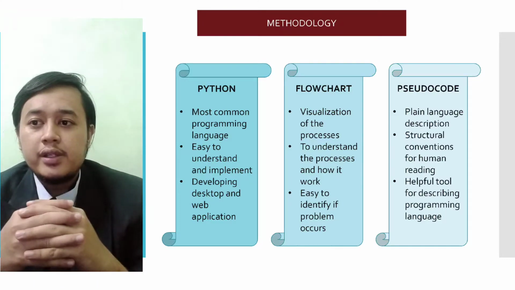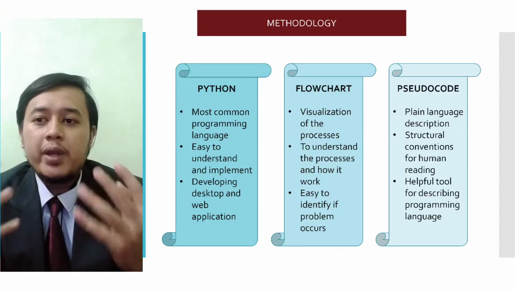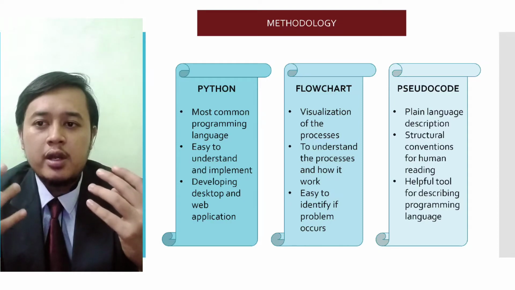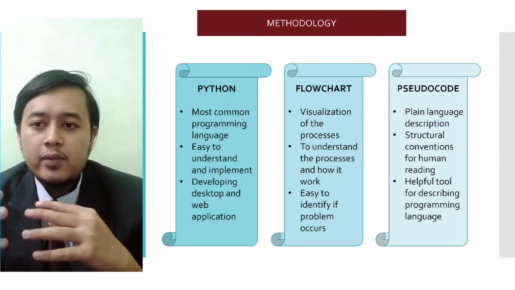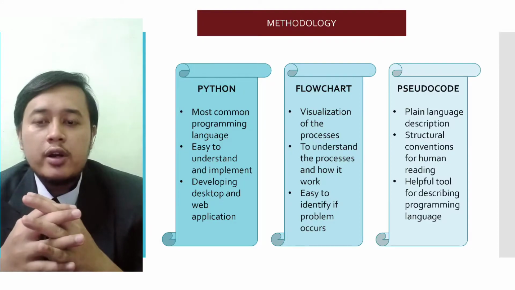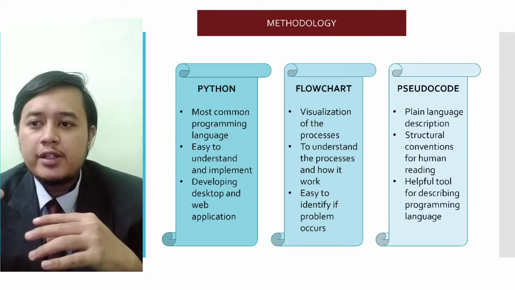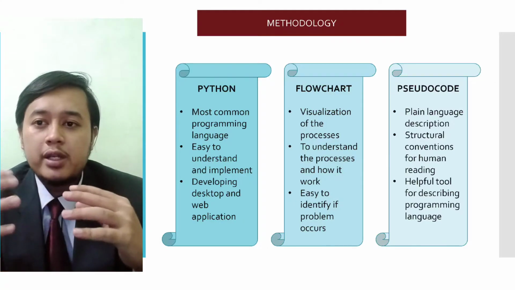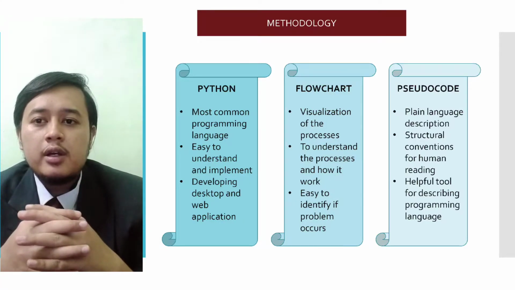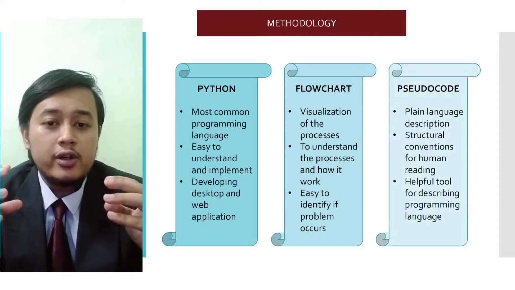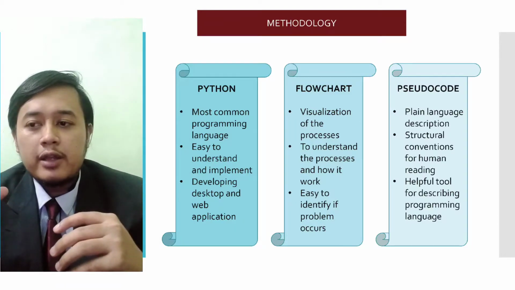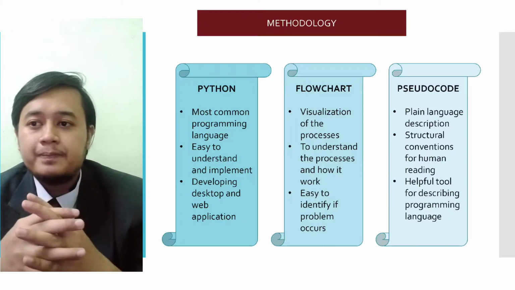Next, for the pseudocode. Pseudocode is a plain language description of the steps in the algorithm or another system. Pseudocode commonly uses structural convention of a normal programming language, but it is intended for human reading rather than machine reading.